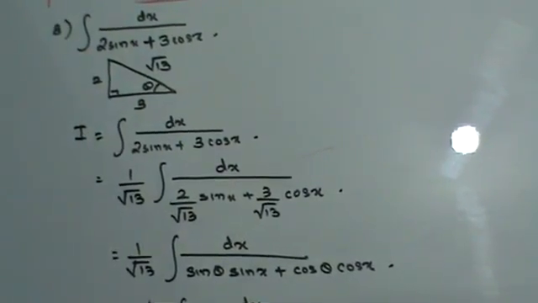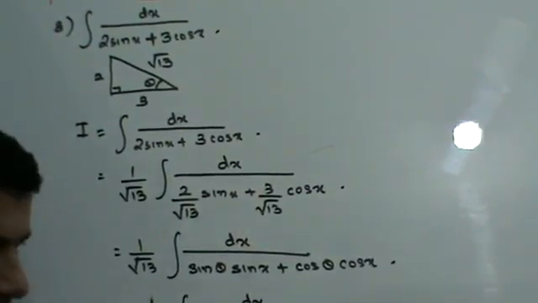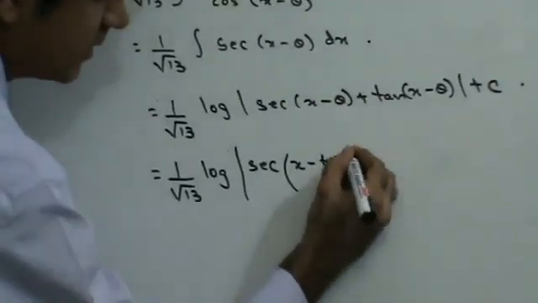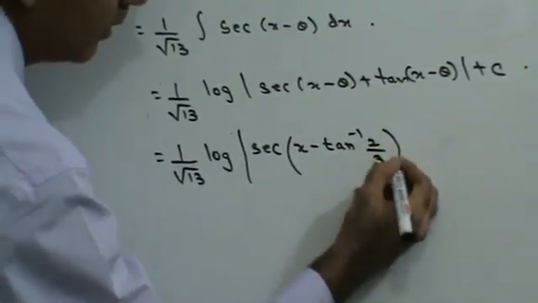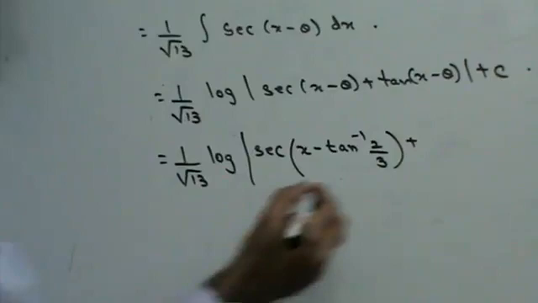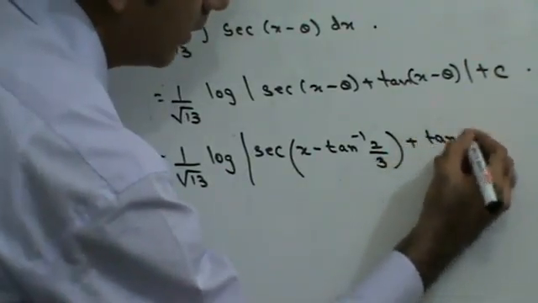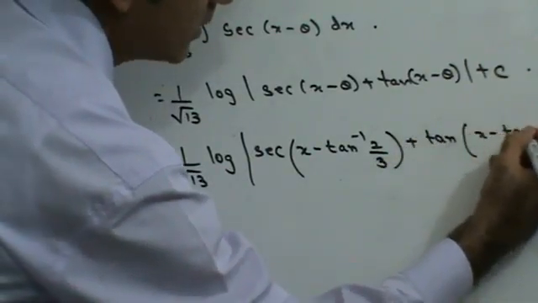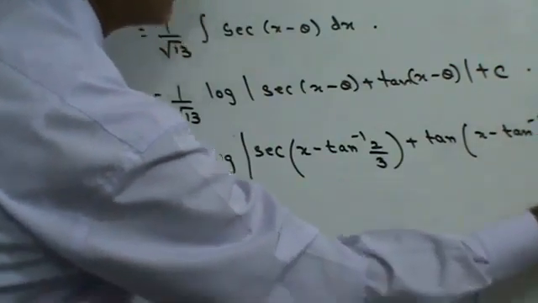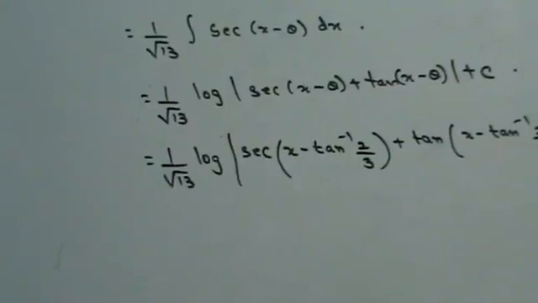That means theta can be written as tan inverse of 2 by 3. So I am going to substitute this as tan inverse of 2 by 3, plus tan (x minus tan inverse of 2 by 3) plus c. That will be your answer, right?